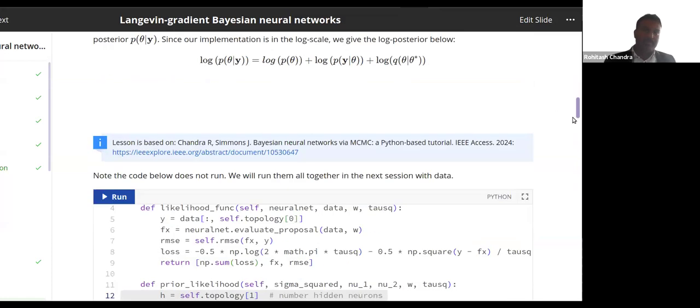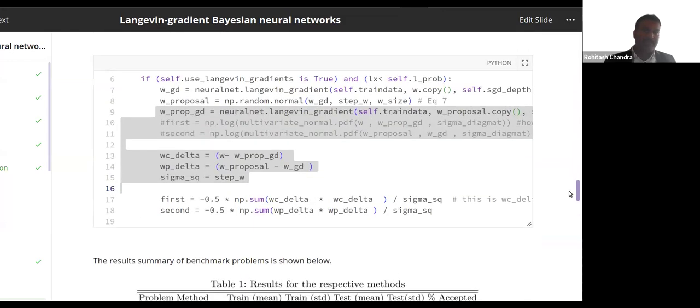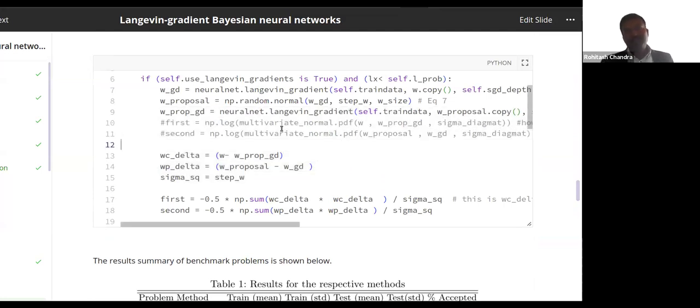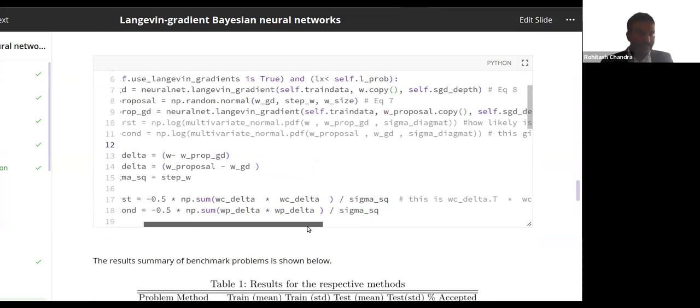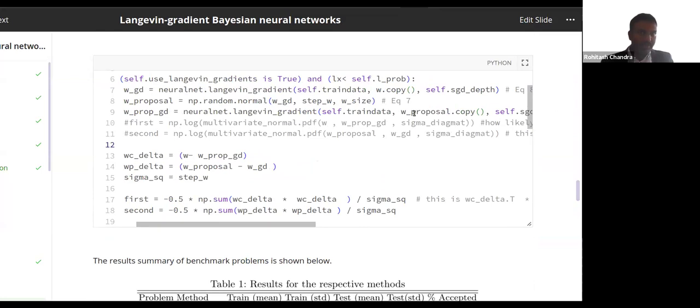We do that to get the Q ratio. We need to know where we are in the space. The Q ratio is a ratio of the present and the future, so we've got the future, which is the weight proposal.